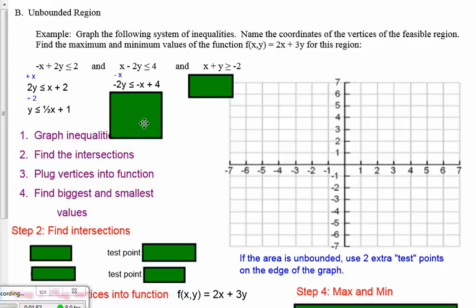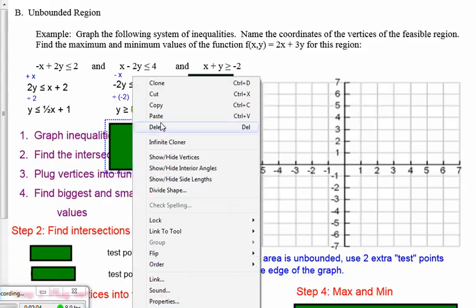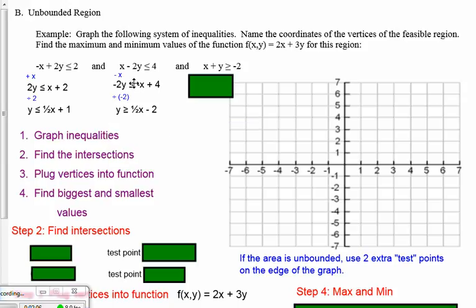That's going to leave us with negative 2y is less than or equal to negative x plus 4. Then we're going to divide by negative 2. When you divide by a negative, remember that you have to flip the symbol. So it's no longer less than. It would become y is greater than or equal to positive 1/2 x minus 2.